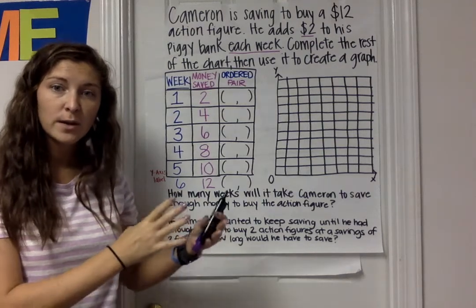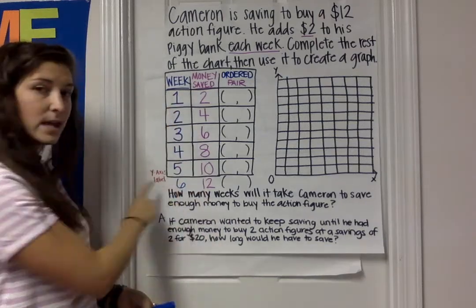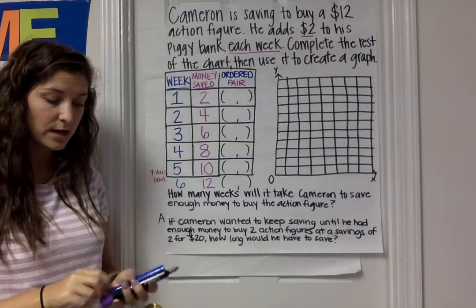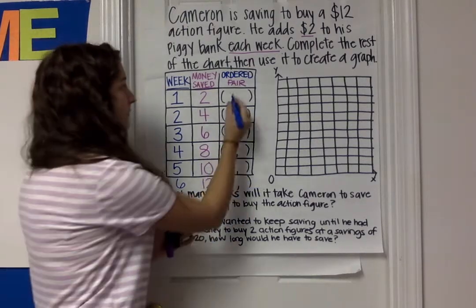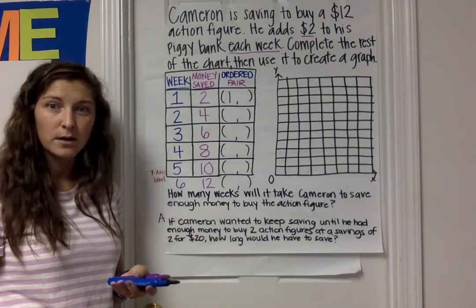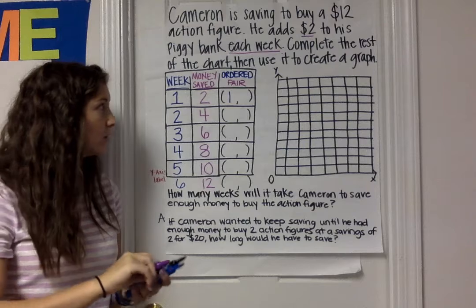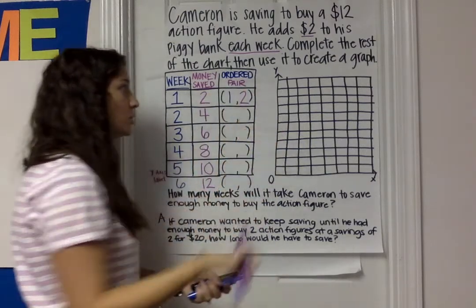We have our x-coordinate and we have our y-coordinate. In this problem, our week is going to be our x-coordinate. So I'm going to do it in blue. My first one is going to be 1. What's the y-coordinate going to be on this ordered pair? So on this ordered pair here, my y-coordinate is going to be 2.